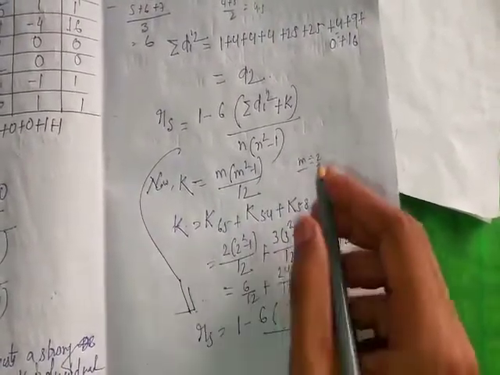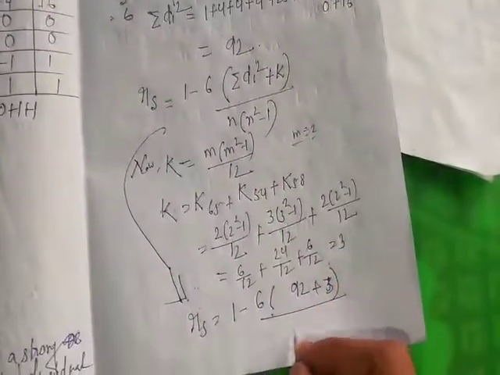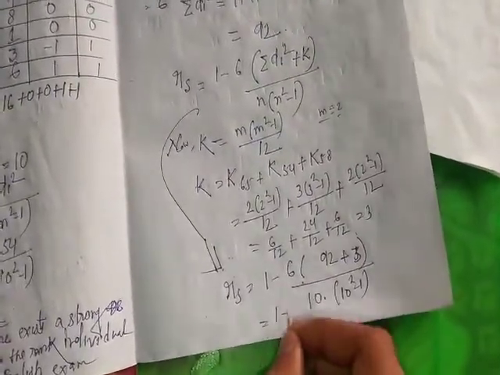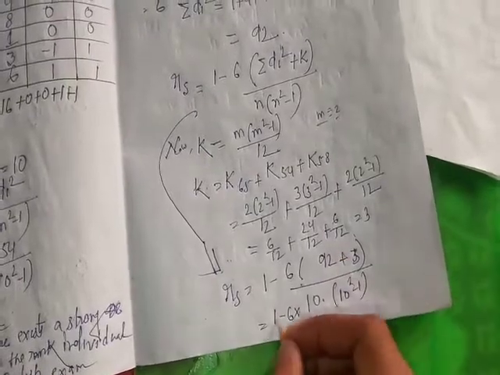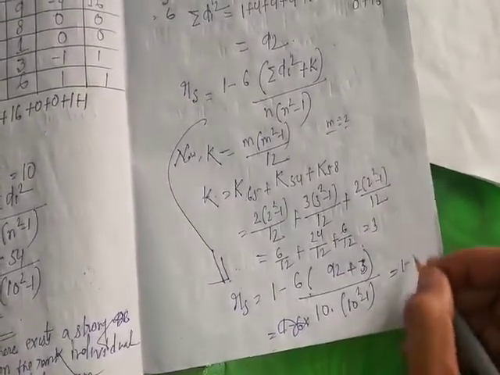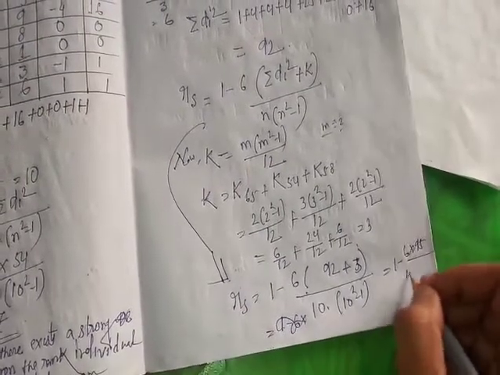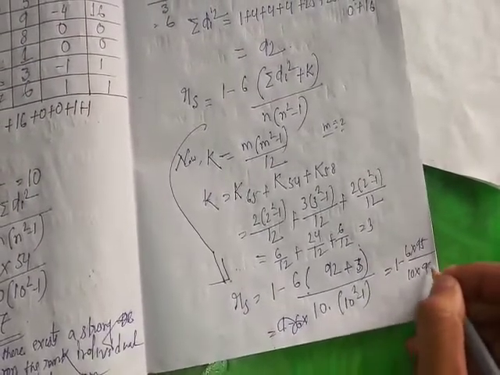The value of n, the number of data, is 10. So 10 into (10 square minus 1). So 1 minus 6 into 95 by 10 into 99.